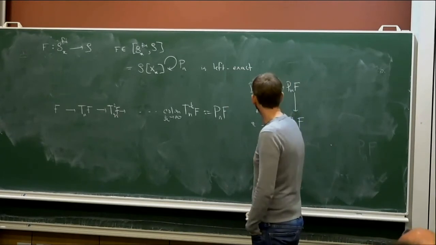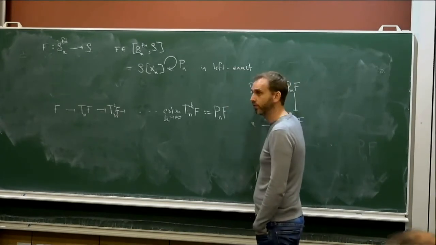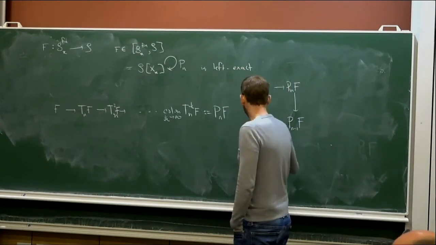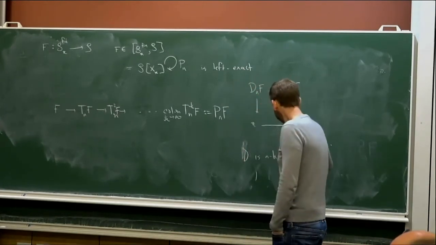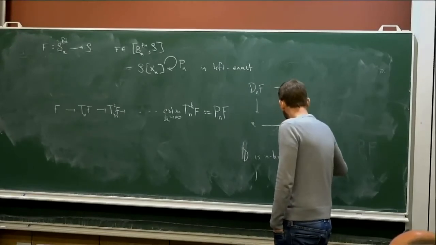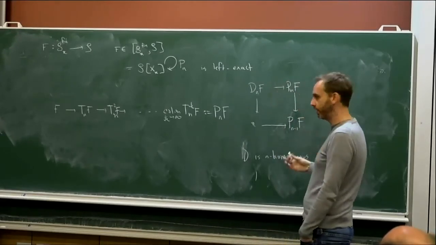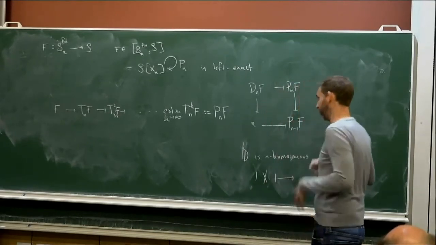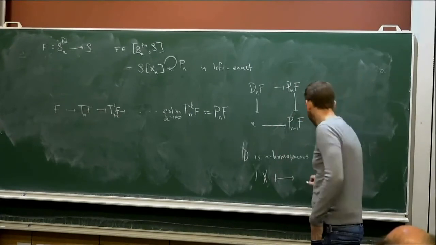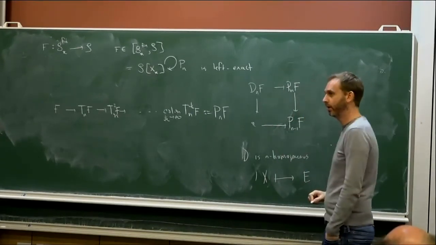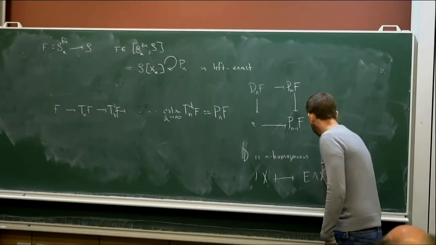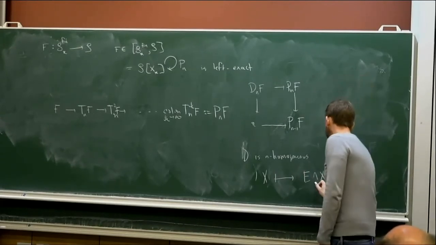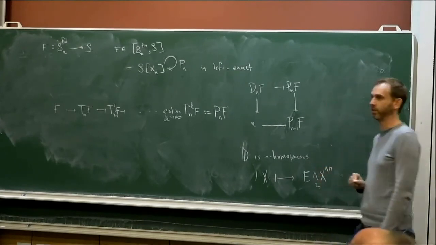And there's a theorem that if D is n-homogeneous, then it's necessarily given by the following: there exists a spectrum E, together with an action of sigma n, such that this functor is given by smashing X to the n times with E, and taking the quotient over the sigma n action.